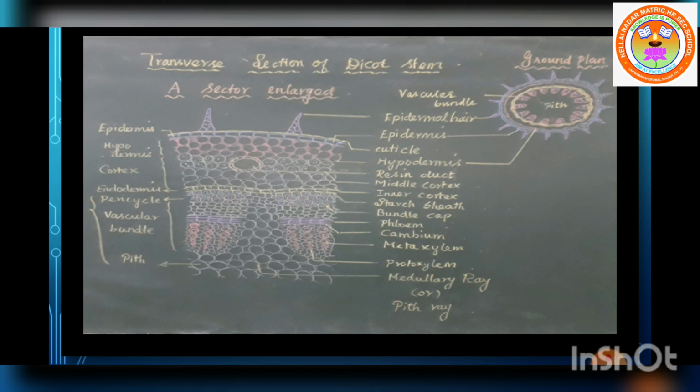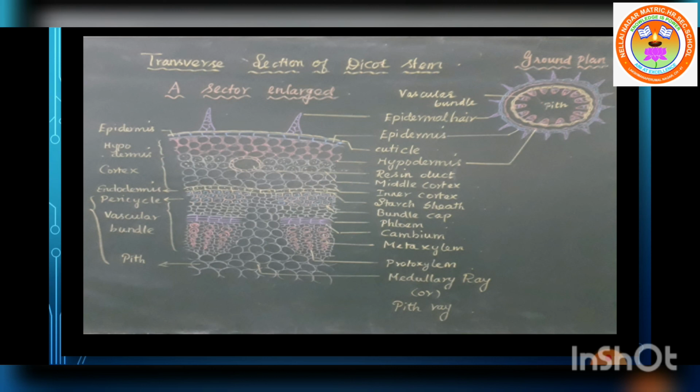So this is the ground plan and a sector enlarged of transverse section of dicot stem. The primary structure of dicot stem reveals epidermis, cortex and stele.